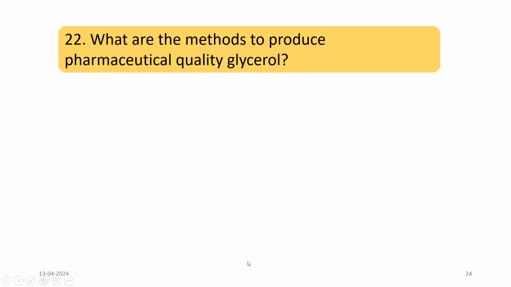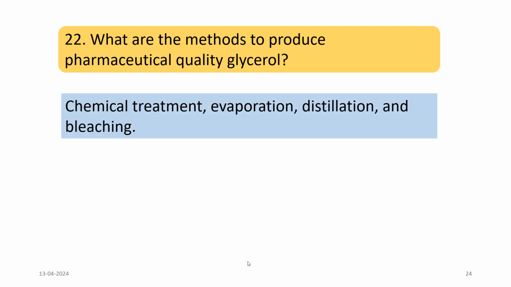Next question. What are the methods to produce pharmaceutical quality glycerol? The answer is chemical treatment, evaporation, distillation, and bleaching.